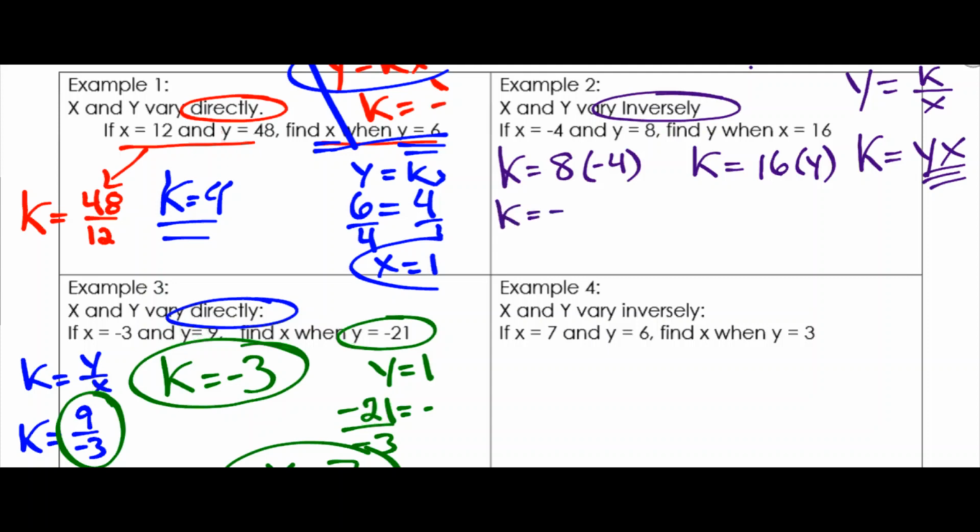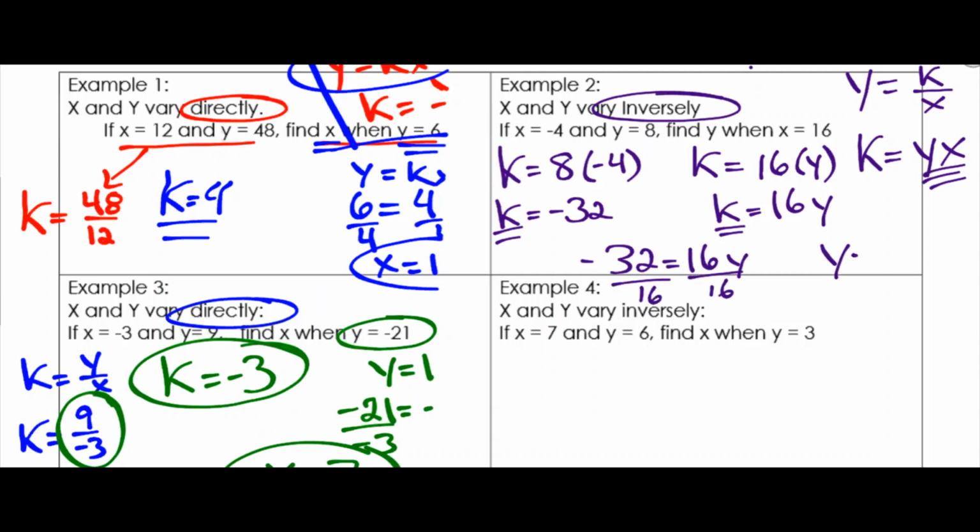I'm going to simplify this a little bit first, negative 32. And this I'm just going to rewrite as 16y. This one's very simple to solve because those actually have to be the same. Those are equal to the same k value. So negative 32 equals 16y. If you divide by 16 on both sides, you find out that y is negative 2.